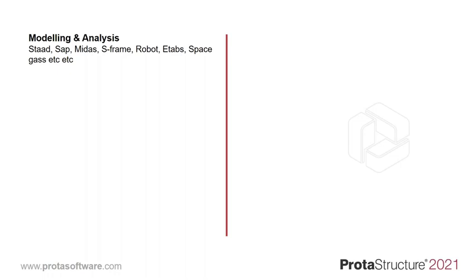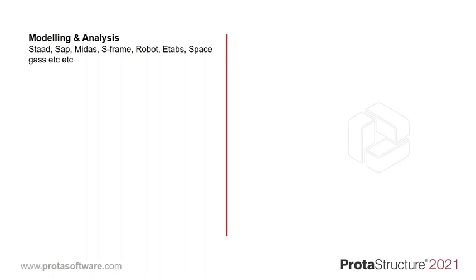So you must have heard of lots of these names like STAAD and SAP and Midas and S-Frame and Robot and ETABS, and there's so many others. Maybe hundreds of other softwares which are available, some more popular than the others.